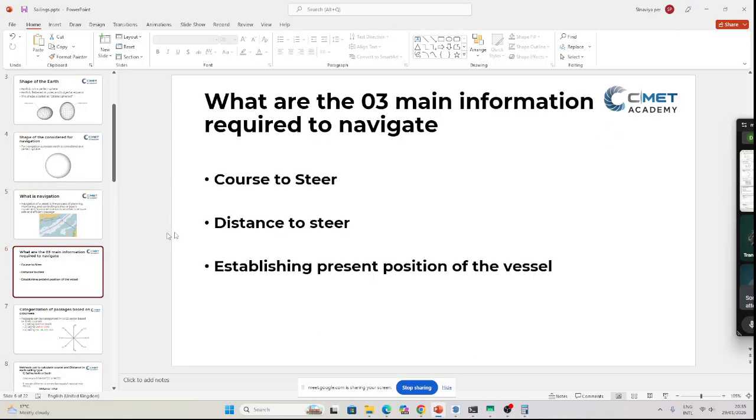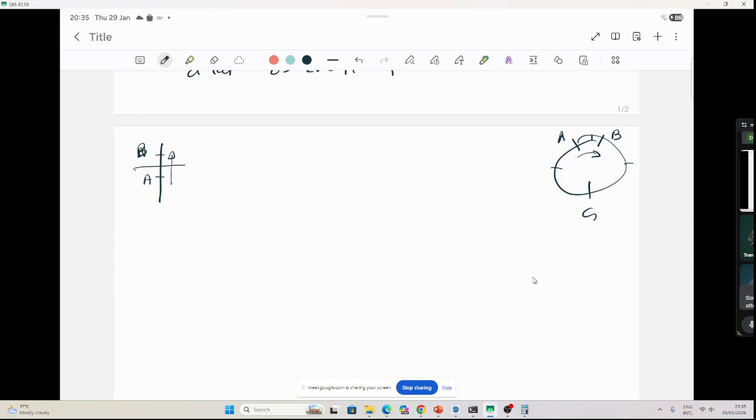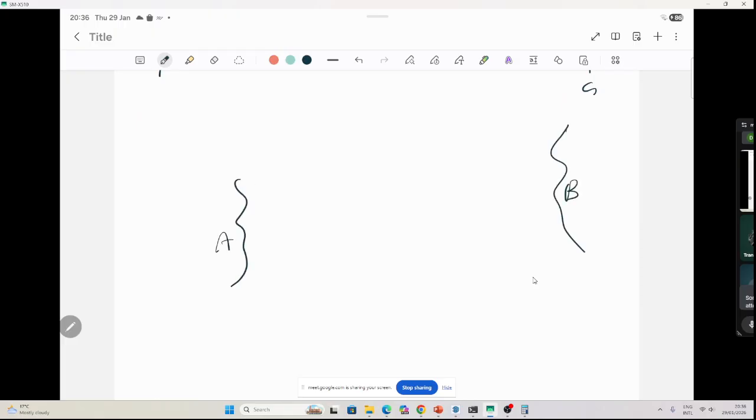Okay. For a navigator, now let me go back to my previous screen. Now assume that this is the Earth and you are in the ocean, Indian Ocean or something, right? You are here in port A and you are supposed to go to port B. As a navigator, what you should know is two things.